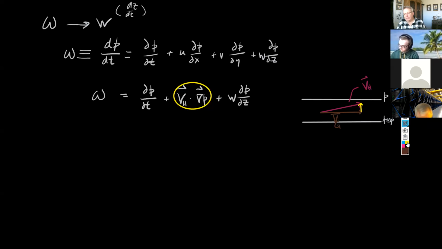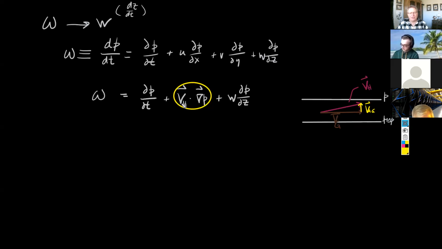And what's this yellow vector? The ageostrophic wind. So I'm saying that the actual wind in this scenario is not geostrophic. We won't have to assume that it's geostrophic. But there's a component that is geostrophic.